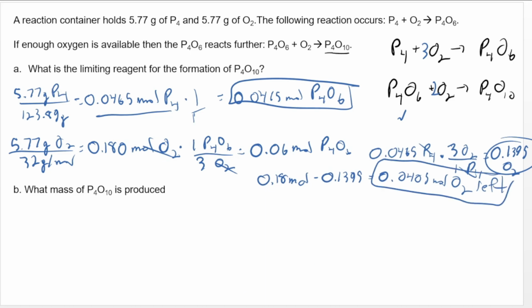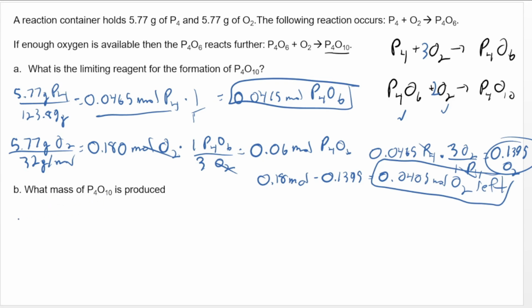Okay, so now we have everything we need. I boxed everything we need. We have the amount of O2 left over from the first reaction in moles, and the amount of P4O6 produced from the first reaction in moles. So now we're going to use the molar ratios and figure out the limiting reactant again, and how much is produced for the second reaction.